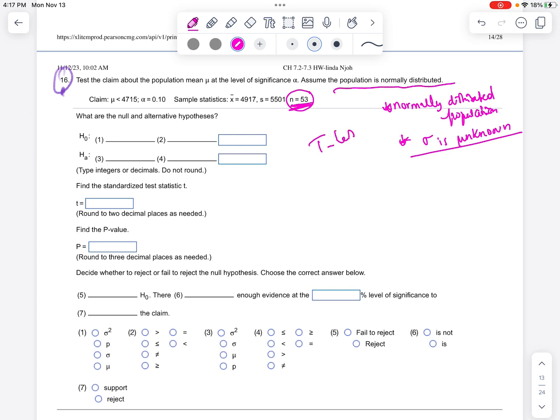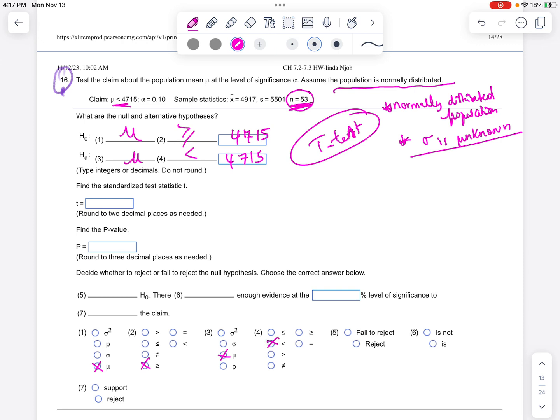You use a t-test. I need everybody to remember this. T-test. So test the claim. They gave you mu less than 4715. So mu, this sign, and then mu less than, right?